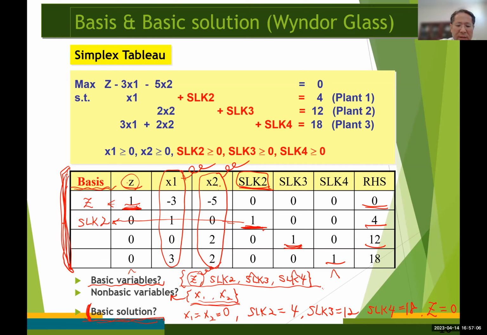The next basic variable corresponds to the value of 1 down here, which is slack 3. Likewise, the last basic variable is slack 4. But like I said, usually we do not include the objective function value z in the basis, so you can take it out if you want.